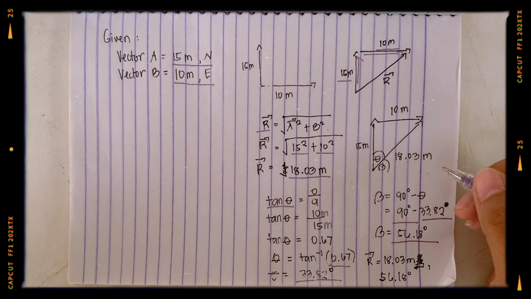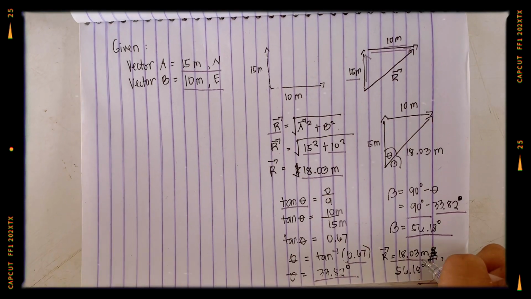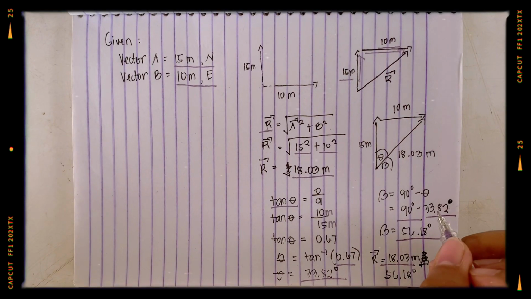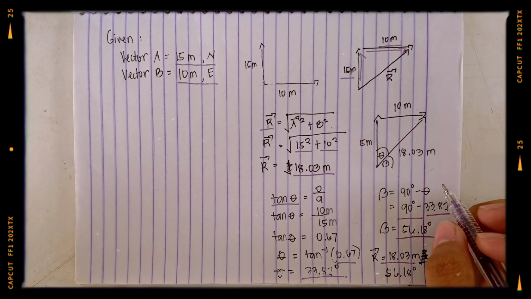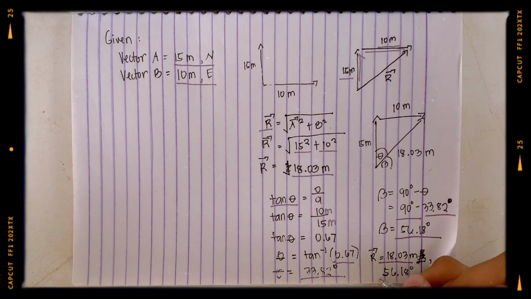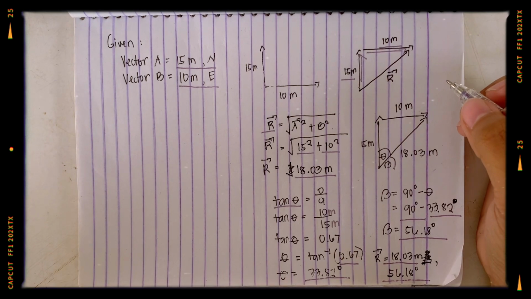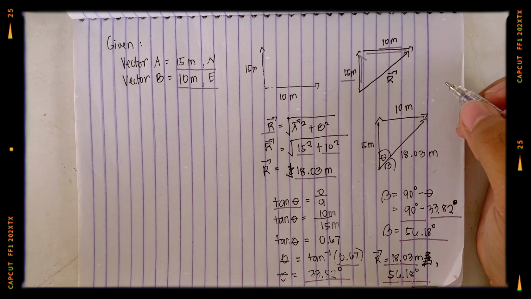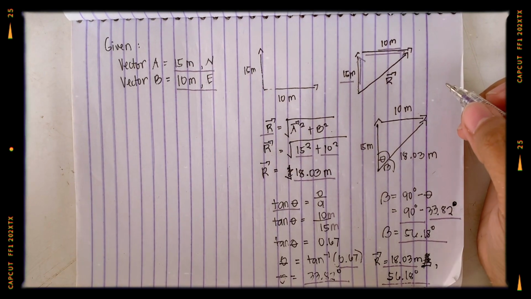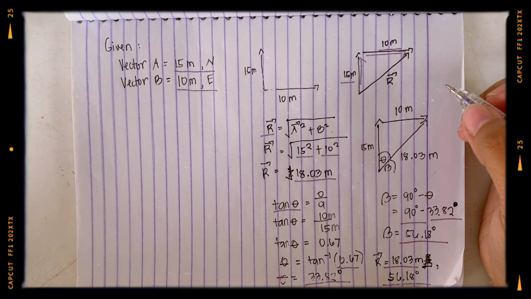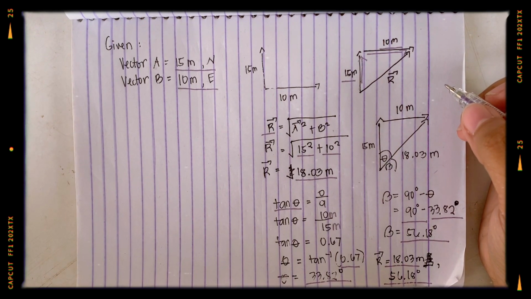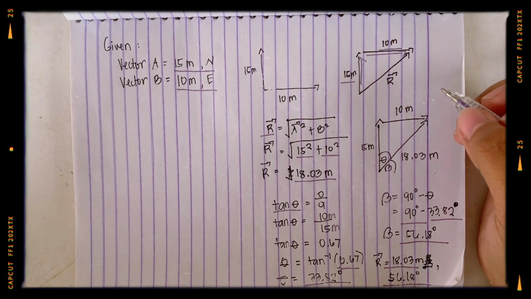The resultant displacement is equal to 18 meters with an angle of approximately 56.18 degrees. Remember that distance is a scalar quantity, measuring the total distance traveled regardless of direction, while displacement is a vector quantity, representing the straight line length from the starting point to the finishing point.